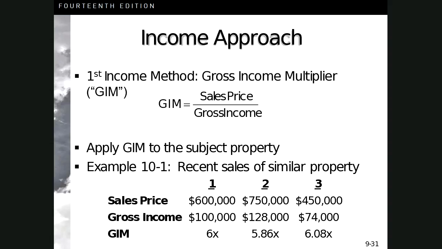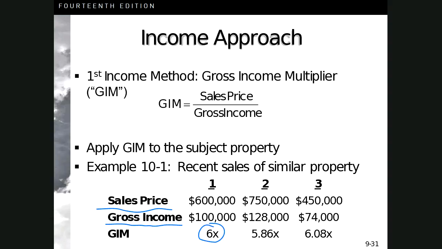Assuming we know what the gross income is properly, and looking at this example, the multiplier is nothing more than the sales price divided by the gross income, right? So we have 0.6 million divided by 0.1 million, which is the gross income multiplier, GIM, 6 times.